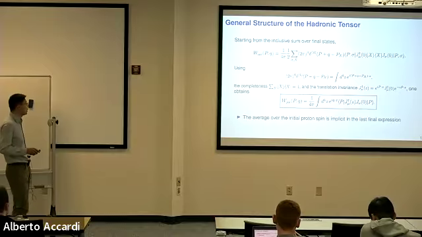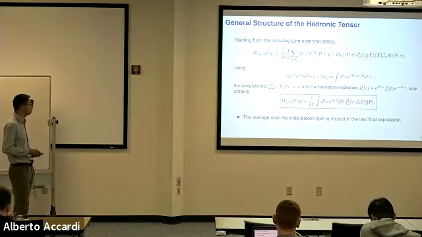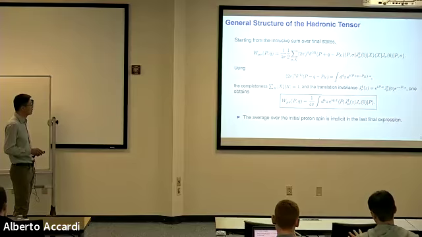For the hadronic part, we want to rewrite it in a more informative way, or one that is easier to deal with, because we don't know what this X is; it can be anything. The way we do this is we rewrite this delta function in terms of a Fourier transformation, and then we use translational invariance.